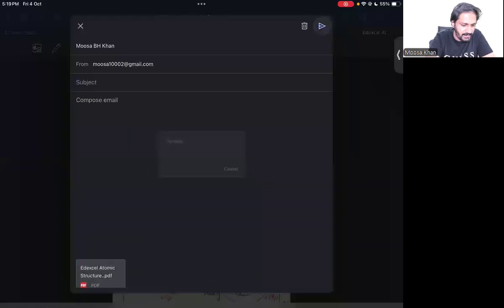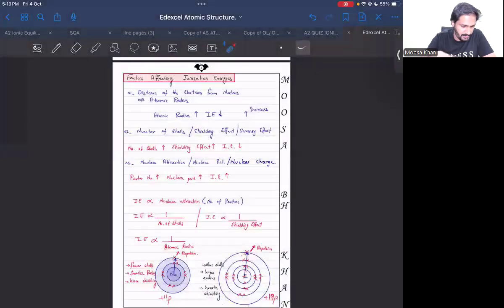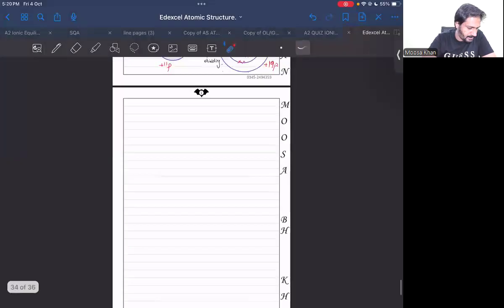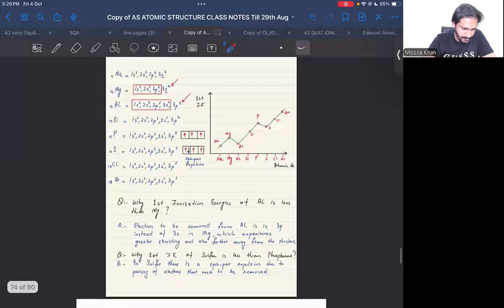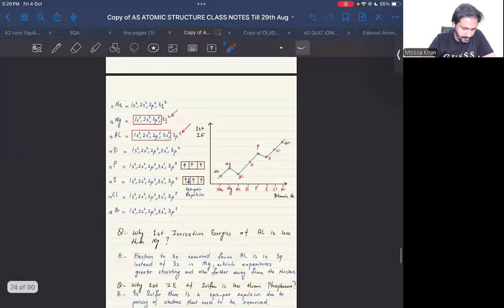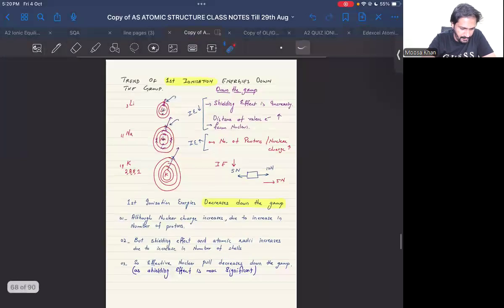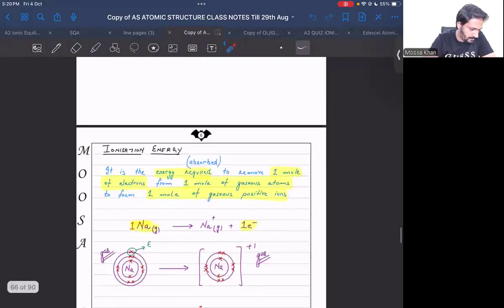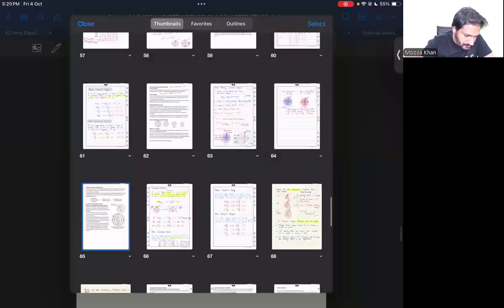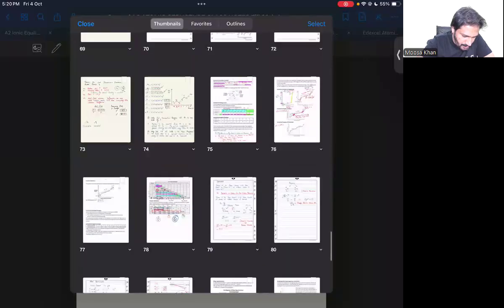So across the period, the values of first ionization energies increase, but down the group they decrease. Let me include these answers in your class notes.